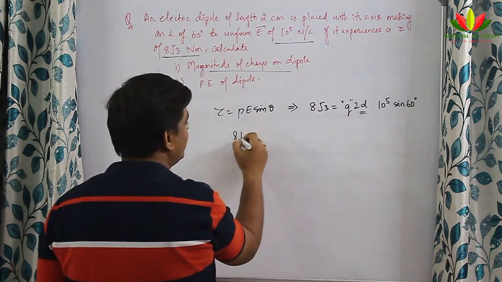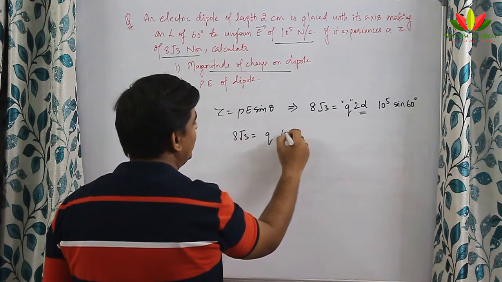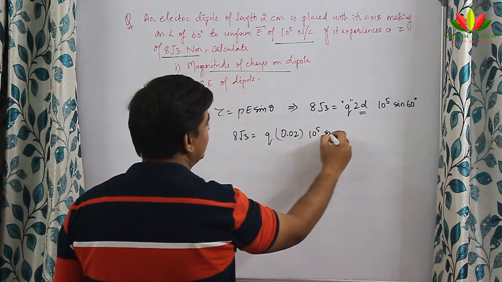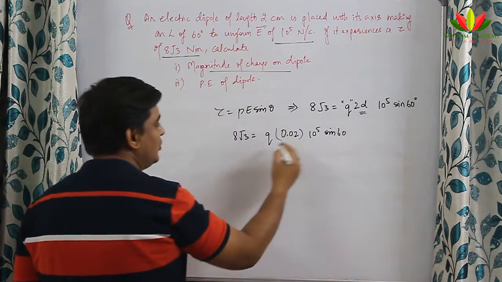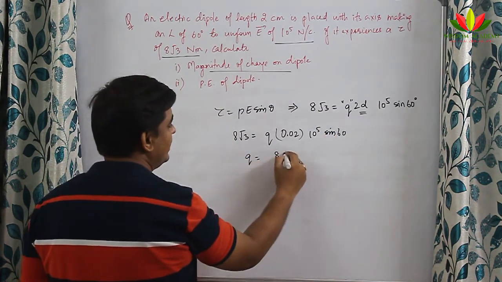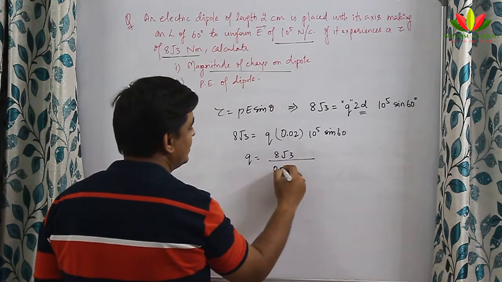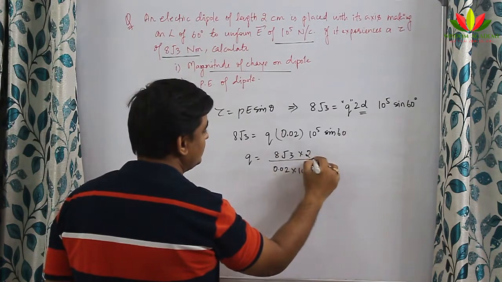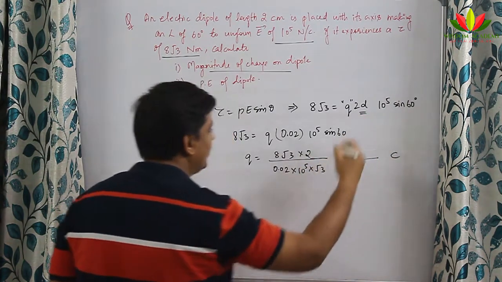So I can write 8 root 3 is equal to q into 0.02 into 10 to the power 5 into sin 60. So when you put everything in, q will become equal to 8 root 3 by 0.02 into 10 to the power 5 into root 3 by 2. When you solve this, that much coulomb will be the charge.